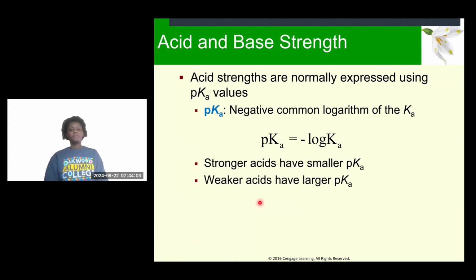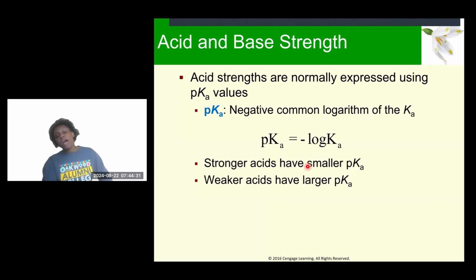All right, so acid strengths are normally expressed using pKa values. And the pKa is the negative common logarithm of the Ka. So if you have the Ka, you could do the equation to get the pKa, which is the negative log of the Ka. So now, the reason why we use pKa's is because they're just easier to remember and to use.